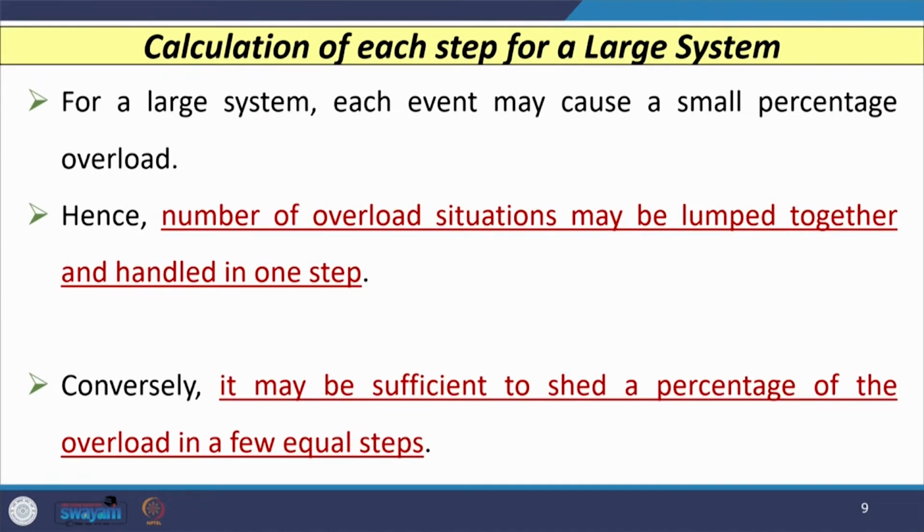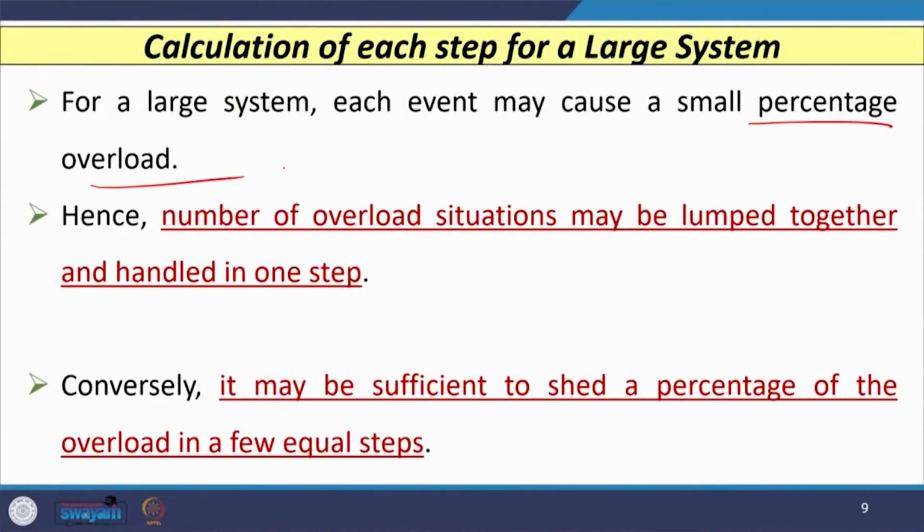So, we can say that if we have a large system or large network, then each event may cause a small percentage of overload, because in a larger network, when any overloading of one line, any disturbance, any abnormal condition is there, a small percentage of overload is always observed.